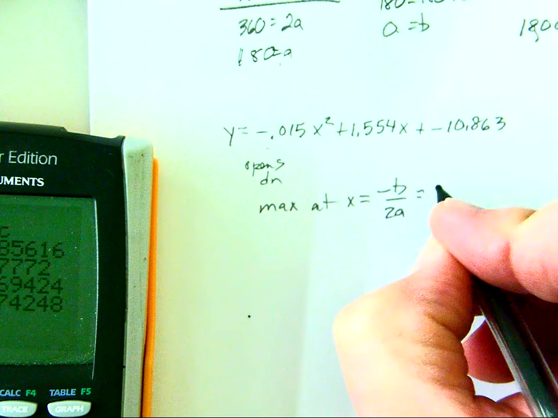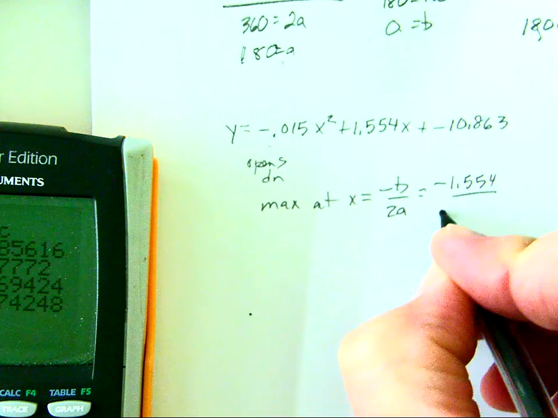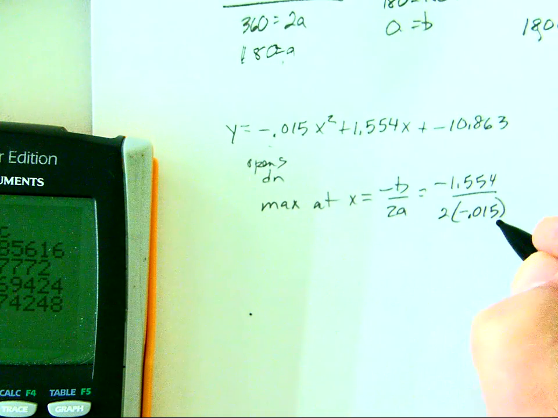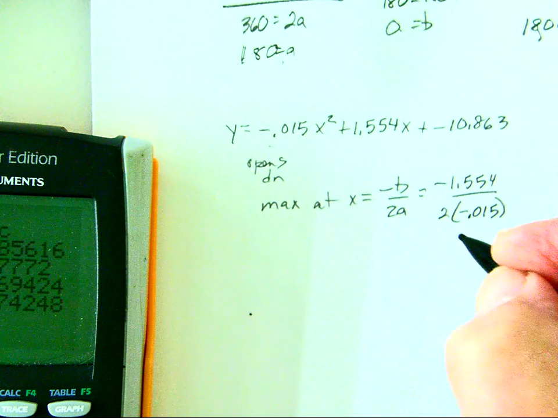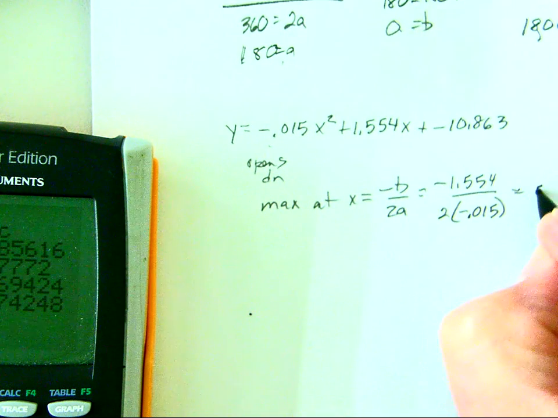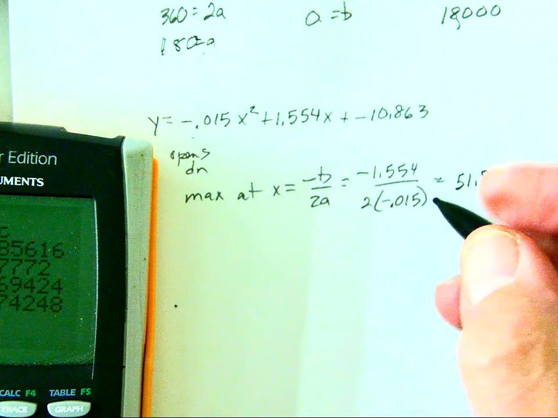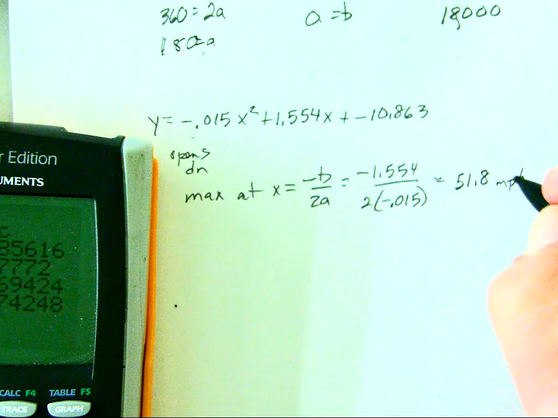So here, that'd be a negative 1.554 over 2 times a negative 0.015. If we do that on our calculator, that works out to 51.8. Now in this problem, x represents the miles per hour, so that is actually our answer, 51.8 miles per hour. So that's the optimal driving speed.